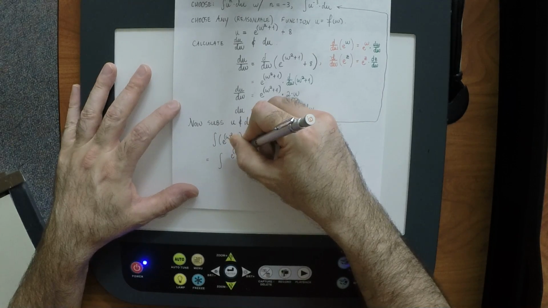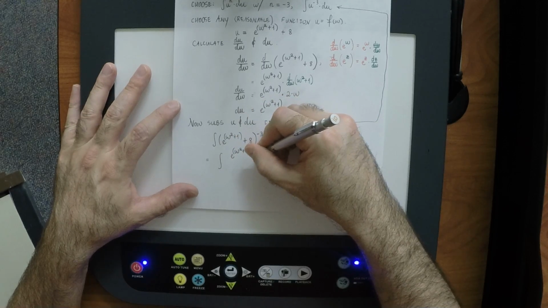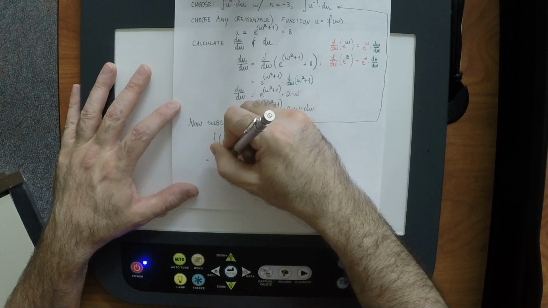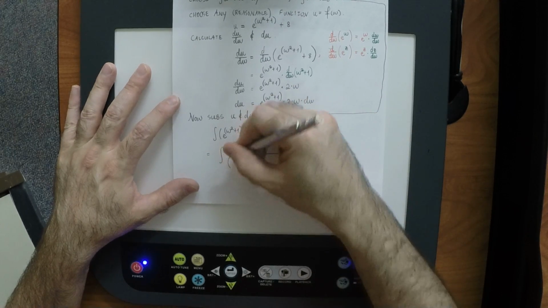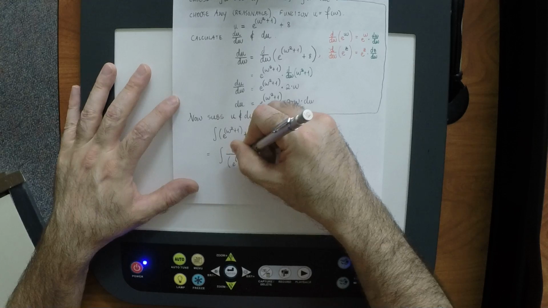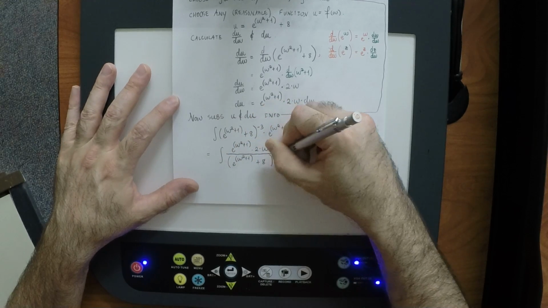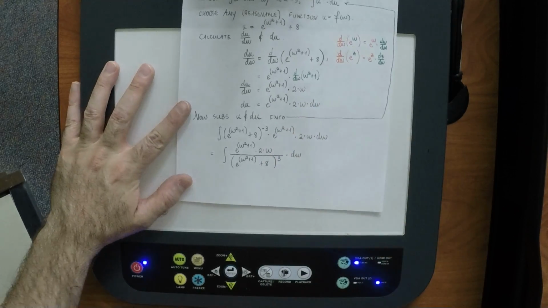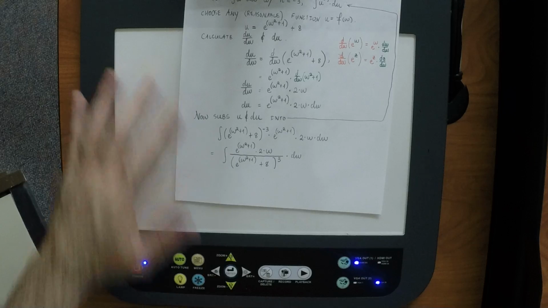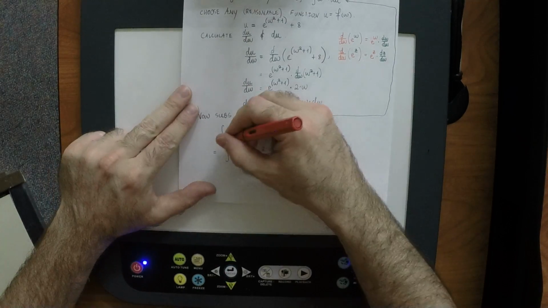Exponential w squared plus 1 times 2 times w over exponential w squared plus 1 plus 8, cube that, dw. So there, we made an exercise.